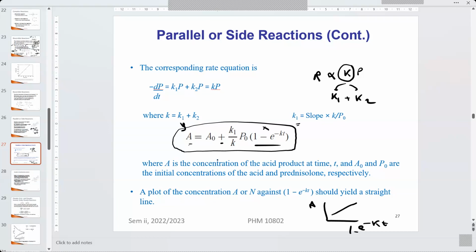And then what will happen? The slope will be equal to this amount. And this will be the intercept. Okay.